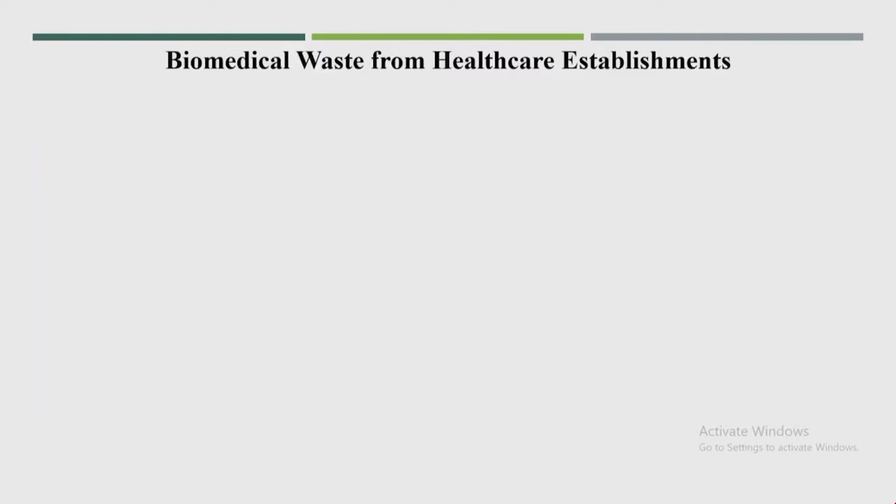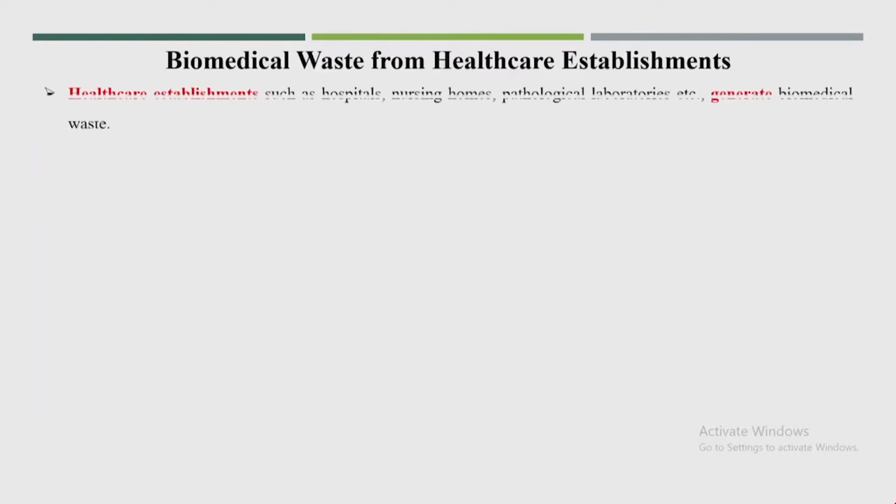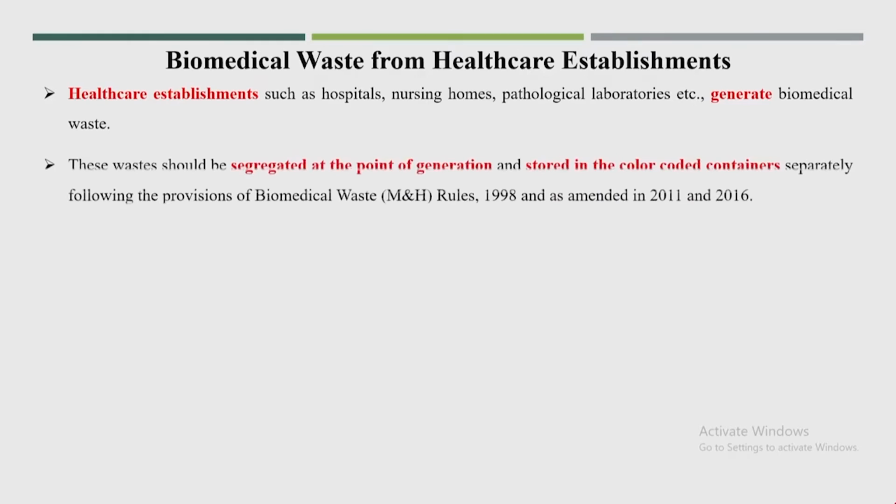And now the biomedical waste from healthcare establishments like hospitals, nursing homes or pathology laboratories. This waste should be segregated at the point of generation and stored in color-coded containers, which I will show in the next slide separately, based on the biomedical waste rules. The first rule came in 1998, amended in 2011 and 2016.